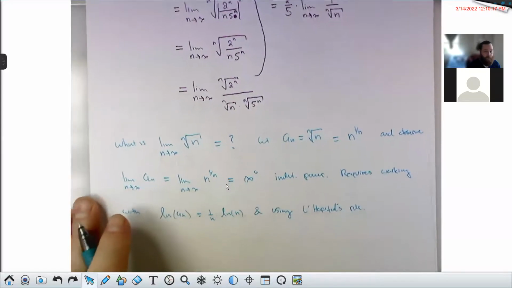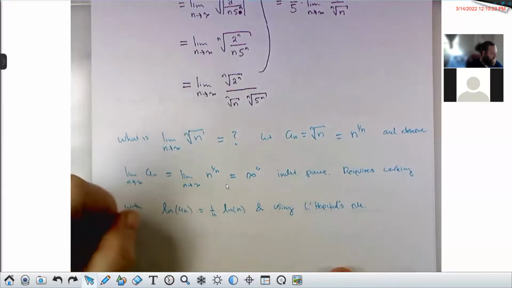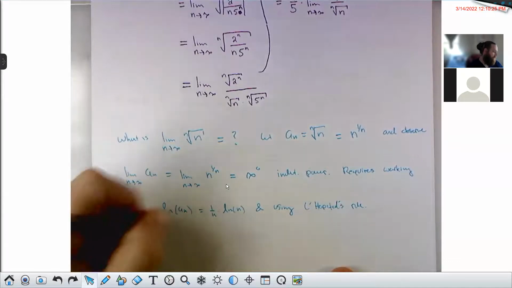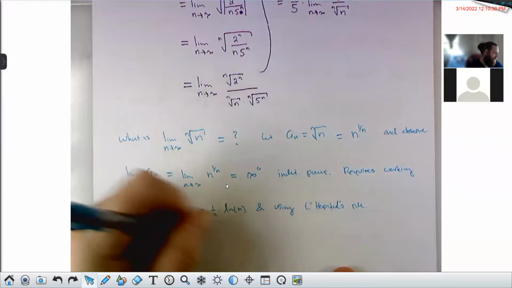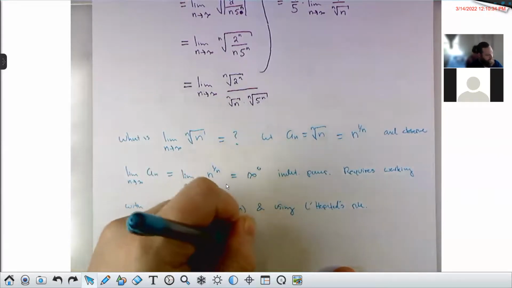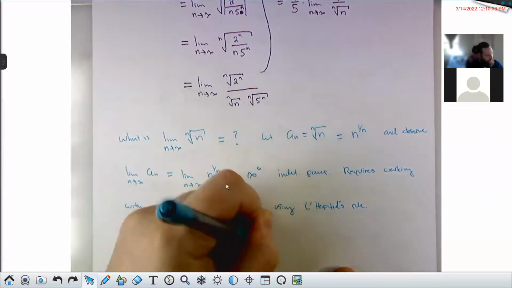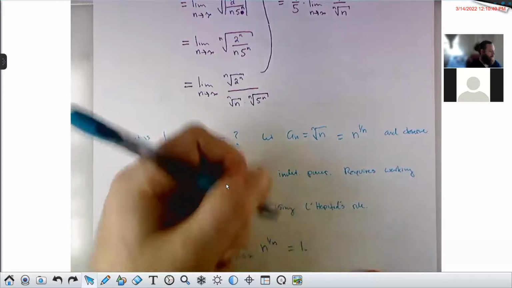We did do a few of these indeterminate powers in class back in 11.1. The result is that the limit as n goes to infinity of the nth root of n, which you could also write as the limit as n goes to infinity of n to the 1 over n, if you encounter either of these expressions, you're going to get 1.